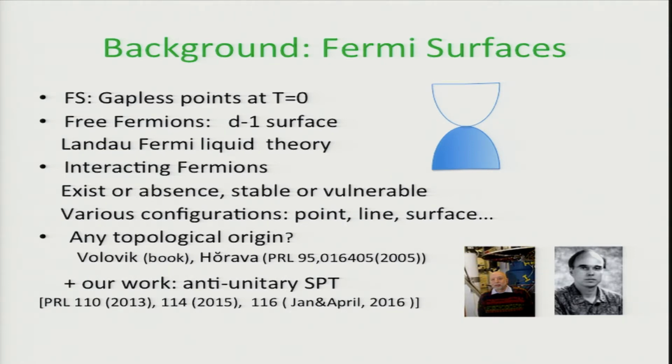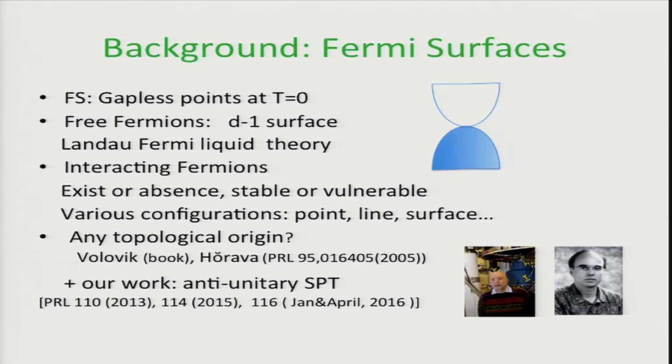We know that since we started solid-state physics, for the fermionic system we have the Fermi surfaces. Let us consider the ground state, for example, at zero temperature. Then there are some gapless points or surfaces. For free fermions in d-dimensional momentum space, we have a d minus 1 dimensional surface.